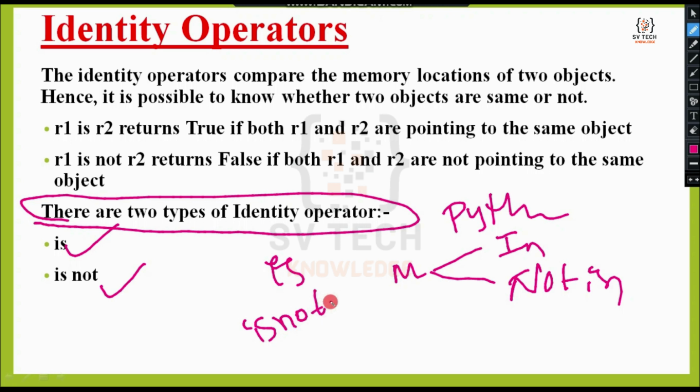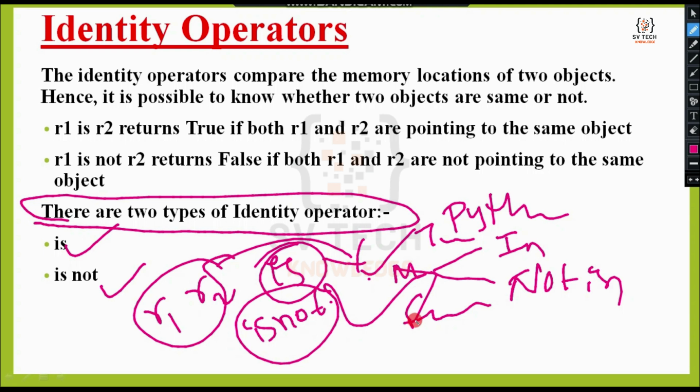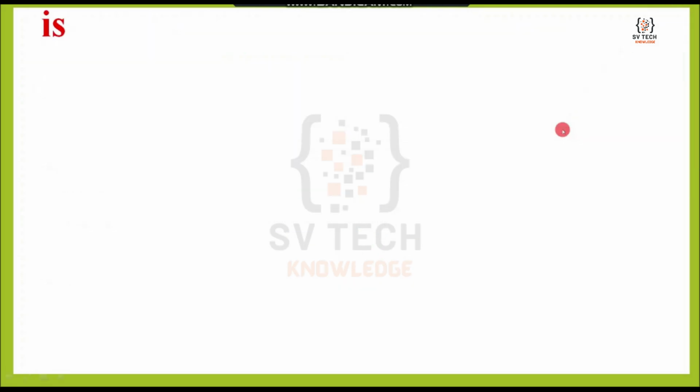If the R1 and R2 addresses are pointing to the same object, then it is true, otherwise it is false for the is condition. For is not, it will be the reverse. We will check everything, don't worry about that. We will go to the next slide.